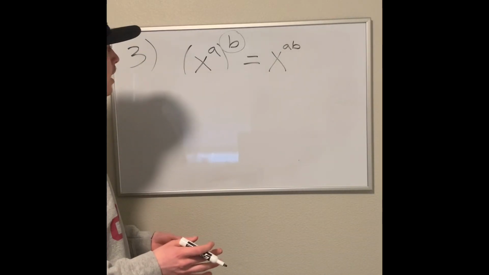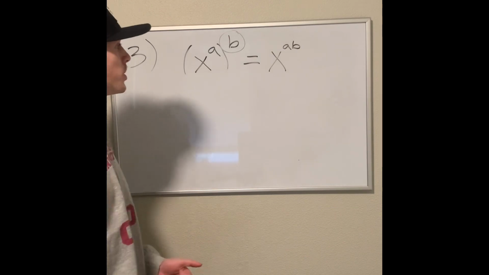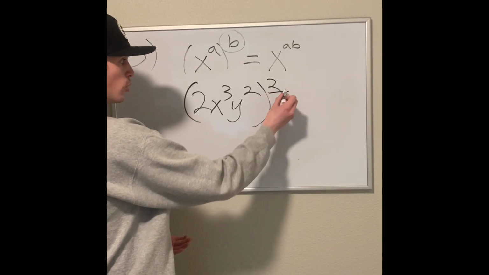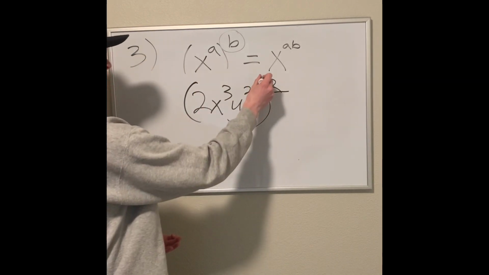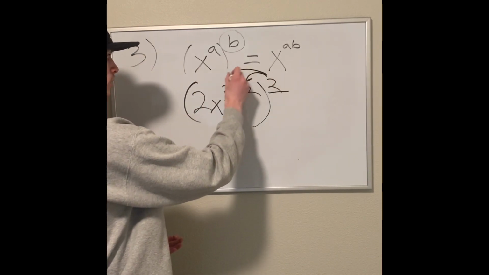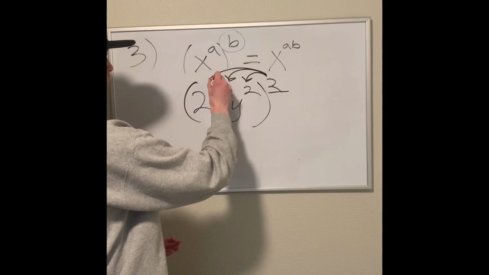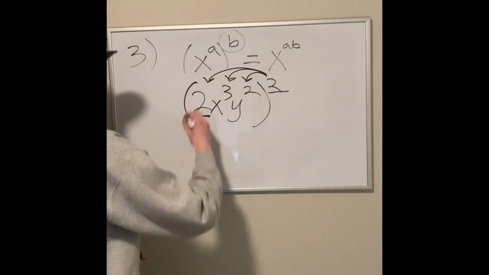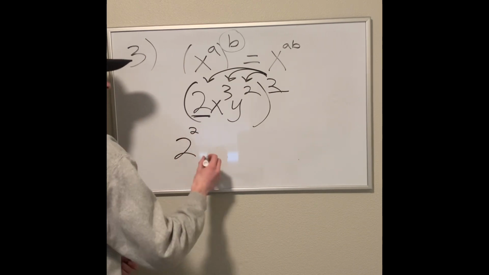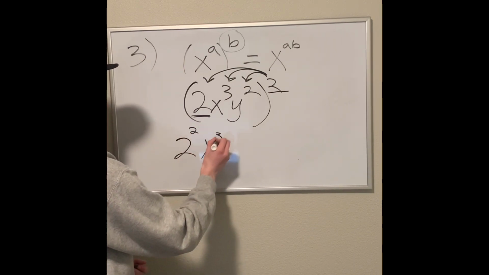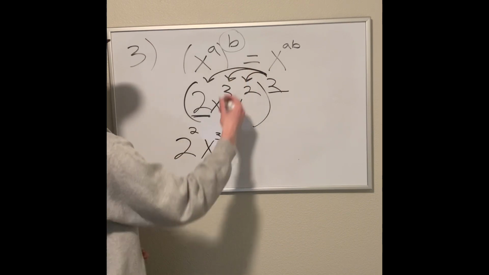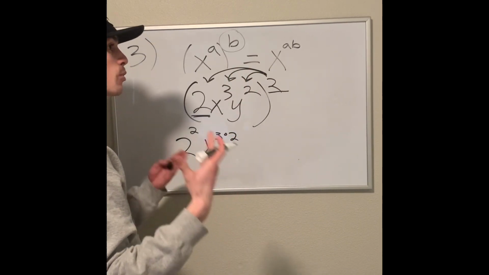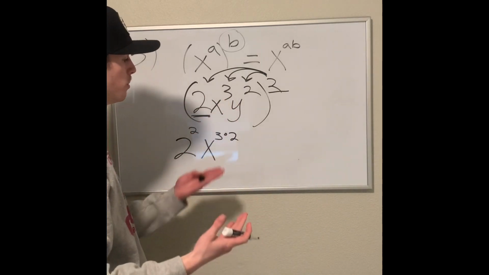Let me demonstrate how to use the distributive property when dealing with exponents. What I'm going to do here is distribute this 2 hanging off the parentheses into every single variable or number, including 2 here. So what that looks like is 2 to the 2nd power, x to the 3rd power, but now you're distributing it in, so it would be times 2, as opposed to when you're multiplying straight across, you'd be adding.